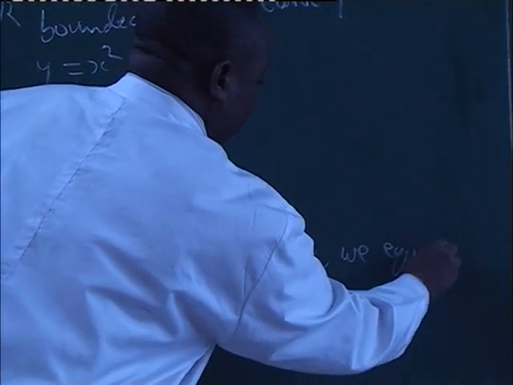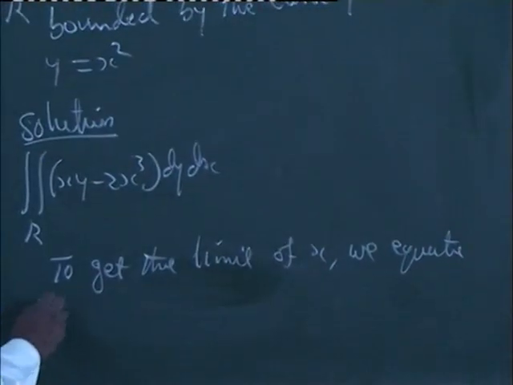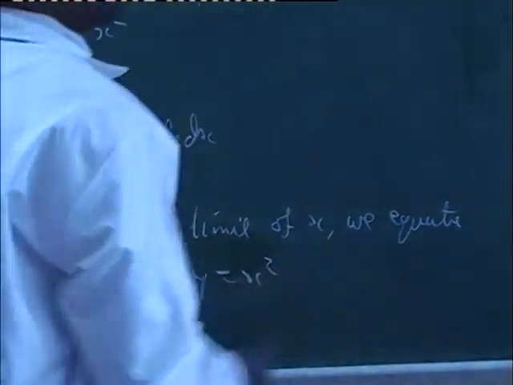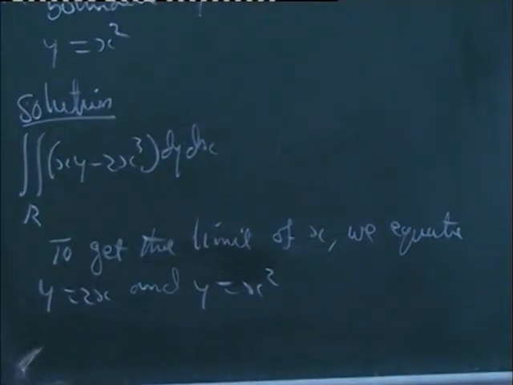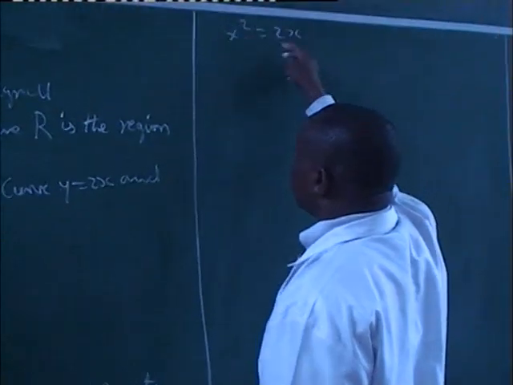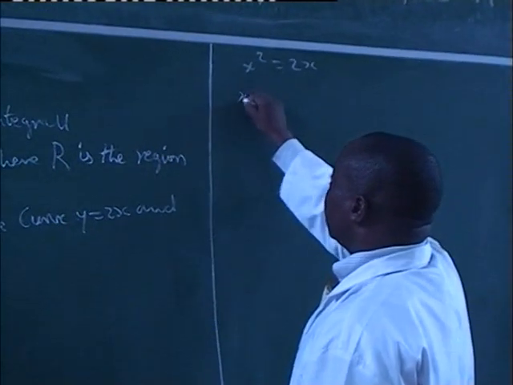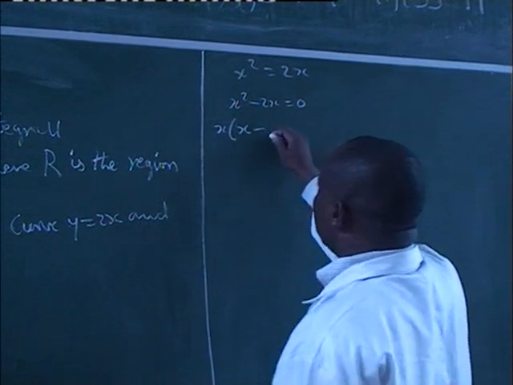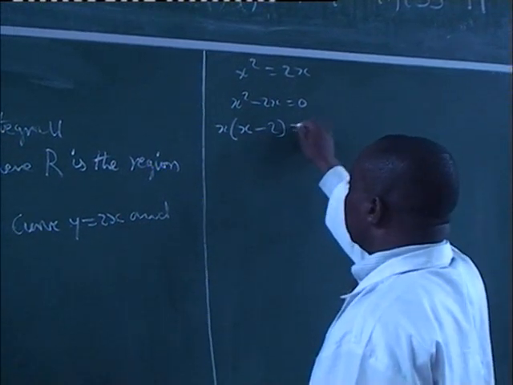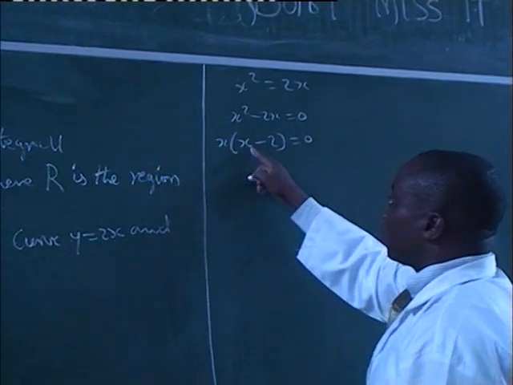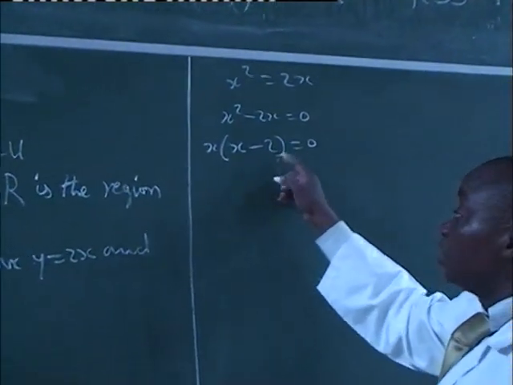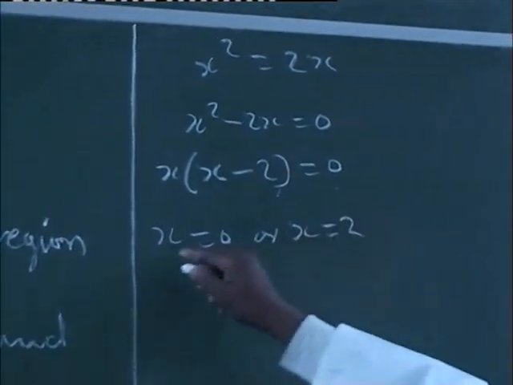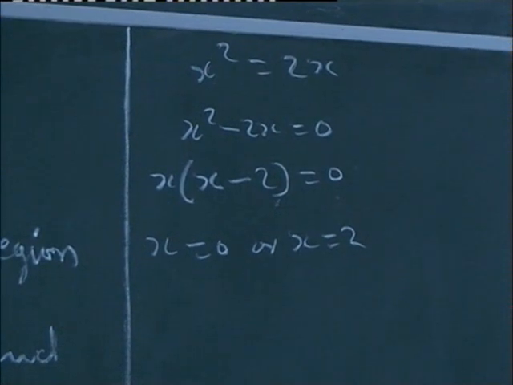We equate y equals x and y equals x squared. That is, we will have x squared equals x, which means x squared minus 2x equals 0. So x times x minus 2 equals 0, meaning that x is equal to 0 or x is equal to 2. So those are the points of x.